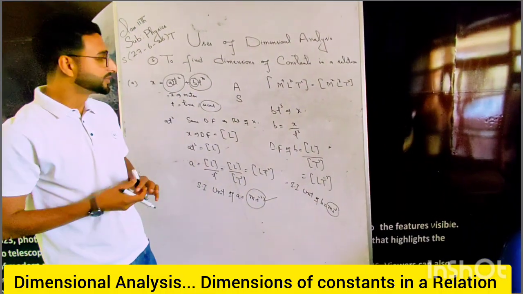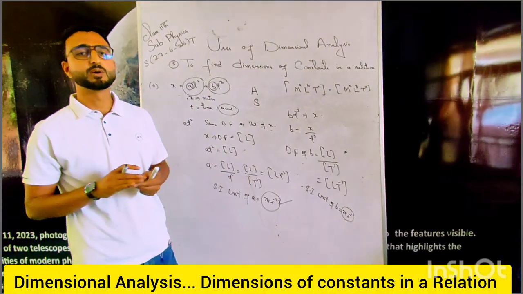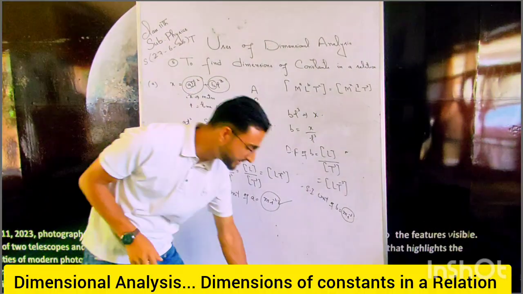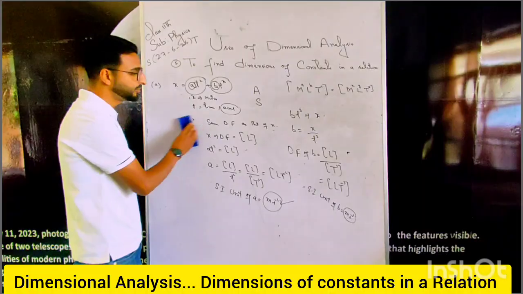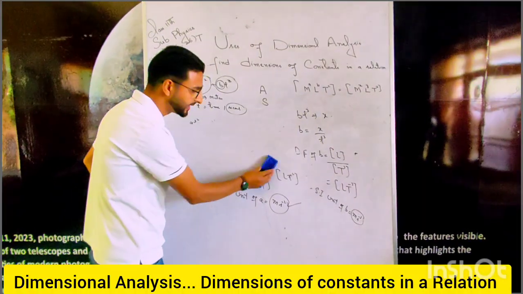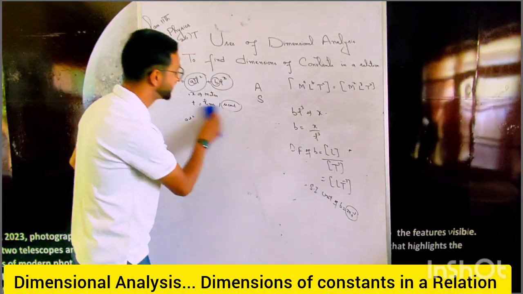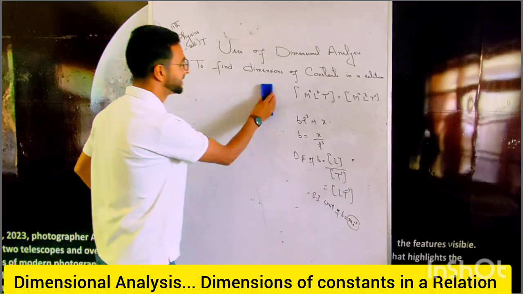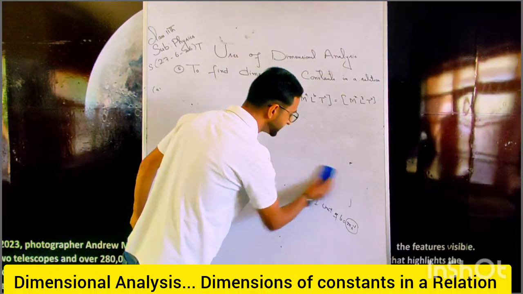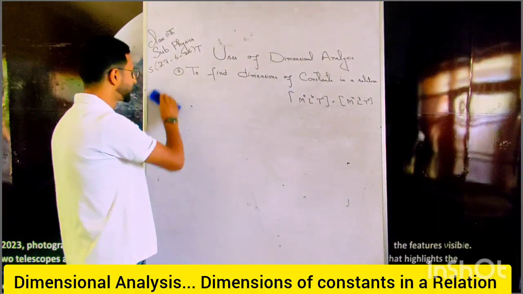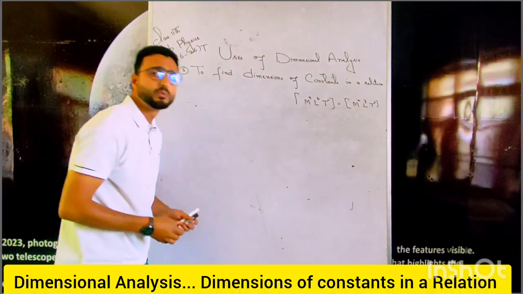You are getting it? So this is how do we find the dimensions of constants in a relation, by simply using the principle of homogeneity of dimensions and the fact that only the quantities of same nature can be added as well as subtracted. Now let's try to illustrate it with the help of one more example.